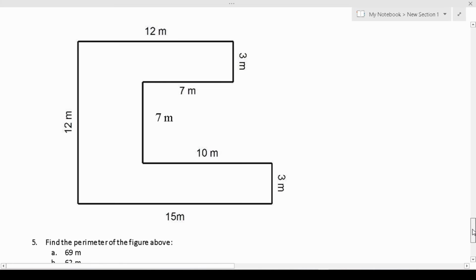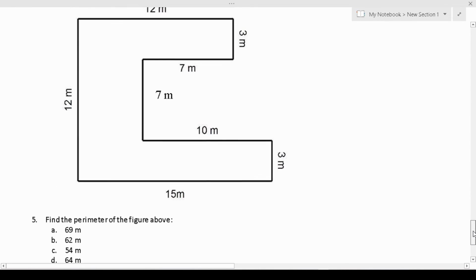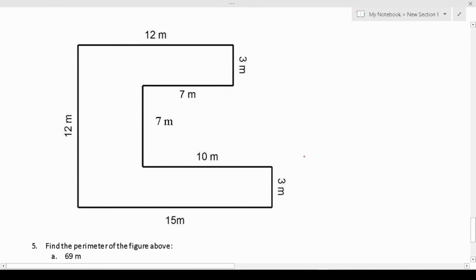Again, just to stress it one more time, to find the perimeter of any polygon, you simply add up all of its sides. So in this case, we have some composite figure here that has 1, 2, 3, 4, 5, 6, 7, 8 sides. So to find its perimeter, again, if you were relying on formulas to figure this one out, you'd probably be lost right now.